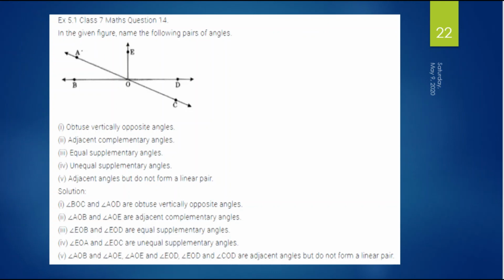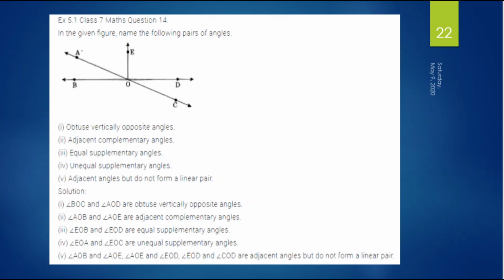They form a sum of 90 degrees, so they are adjacent because they have a common arm, and they are complementary also. Equal supplementary angles are BOE and EOD. The sum is 180 and they have a common arm in between. Unequal supplementary angles are angle EOA and EOC.